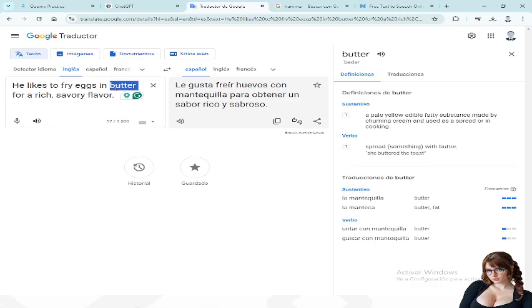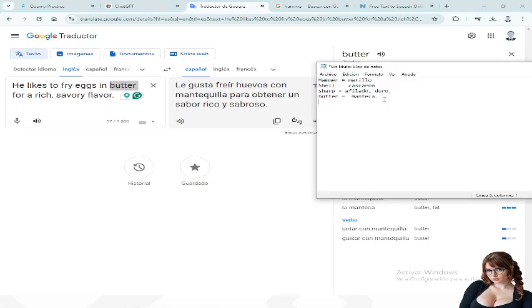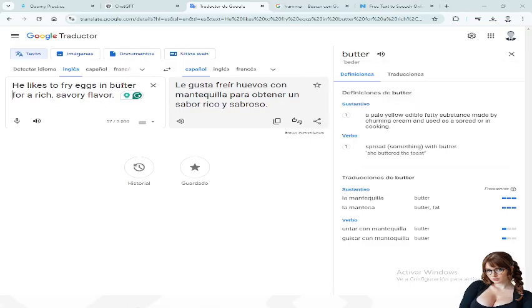In that context, we can see that we have two meanings of the word butter.